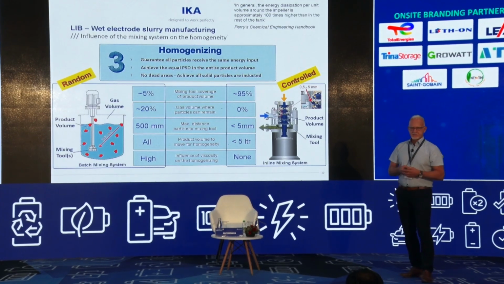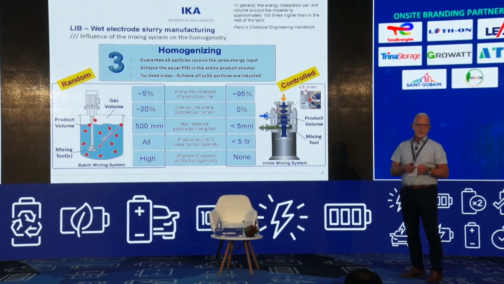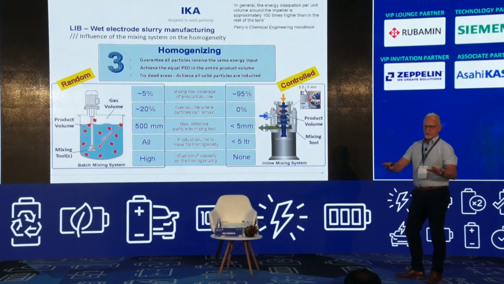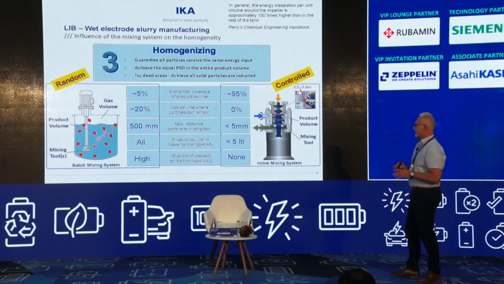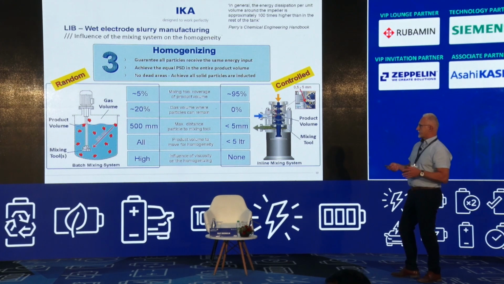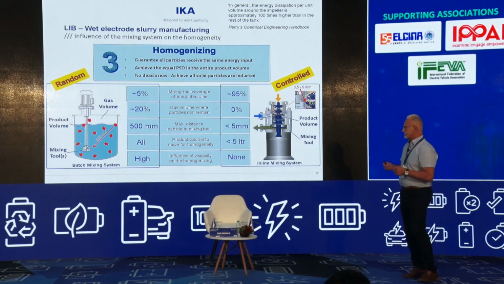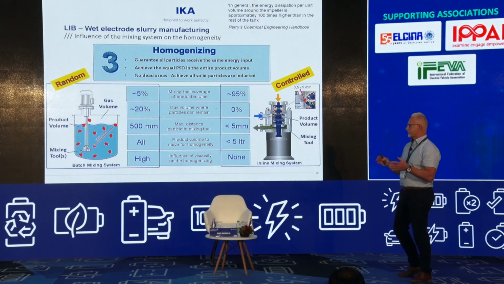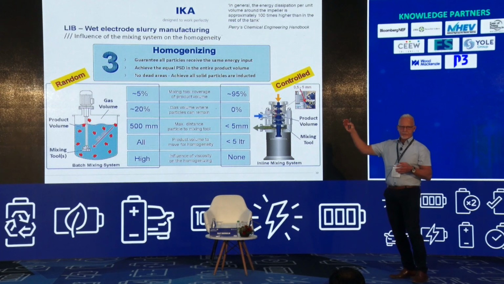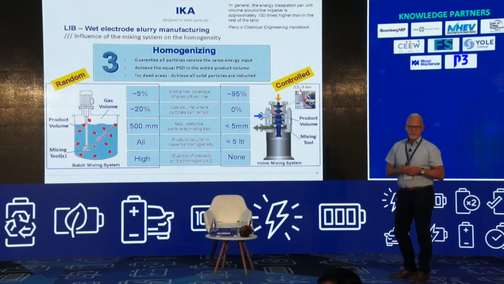Last but not least, we want to have the same product quality in the entire volume, what is called here homogenization or homogenizing. And there you can easily see, when you have a rather big mixing vessel, a pure batch mix system, then you have quite a big distance for each particle to go to the mixing tool.